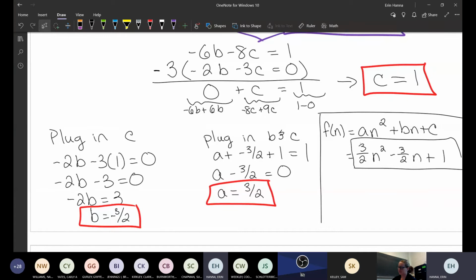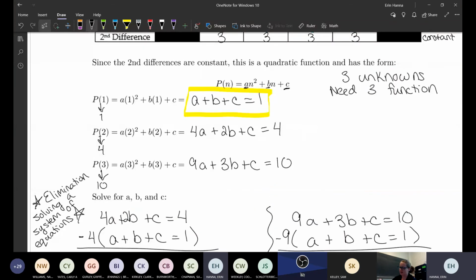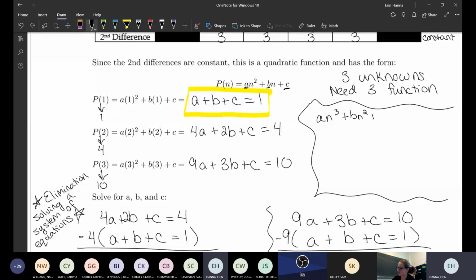I'd probably never give you a cubic question, but a cubic would be an cubed plus bn squared plus cn plus d, so you'd have 4 unknowns. You'd have to start with 4 equations and do an elimination 3 times to get 3 equations that have 3 variables, and then do elimination again. So you take an equation, subtract the 2, get some equation in 3 variables.